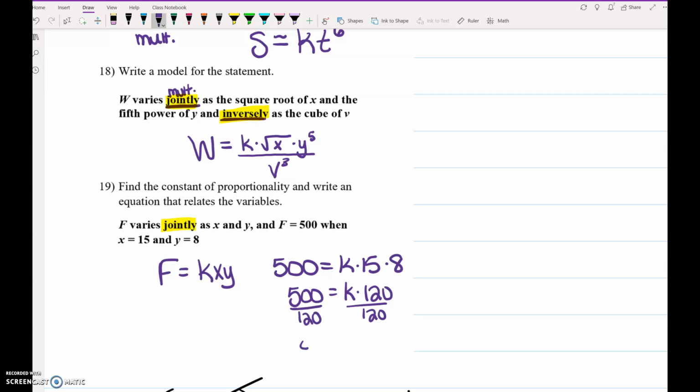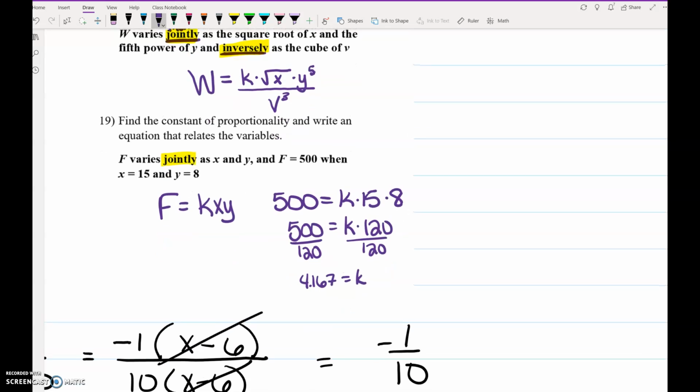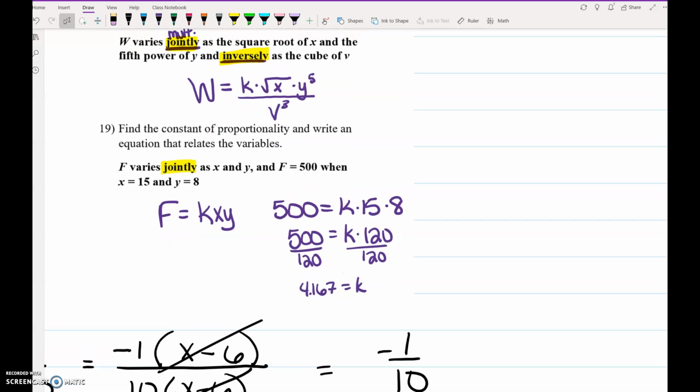You end up with the decimal 4.167. If you know how to change that back into a fraction, change that back into a fraction. You'll get the fraction 25 over 6.